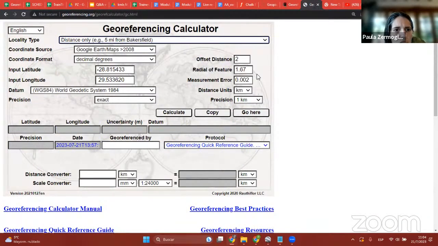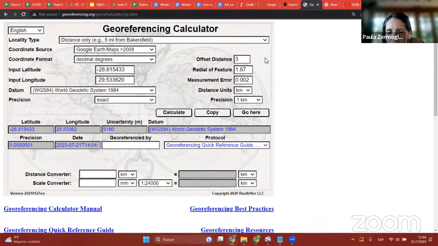This one is easy. We have a point and we say 3 kilometers, and we calculate. This is one of the first calculations that we did today. 3 kilometers from the town. This is the radius of the town, the corrected center of the town, etc. What happens if instead the description says 3,000 meters?